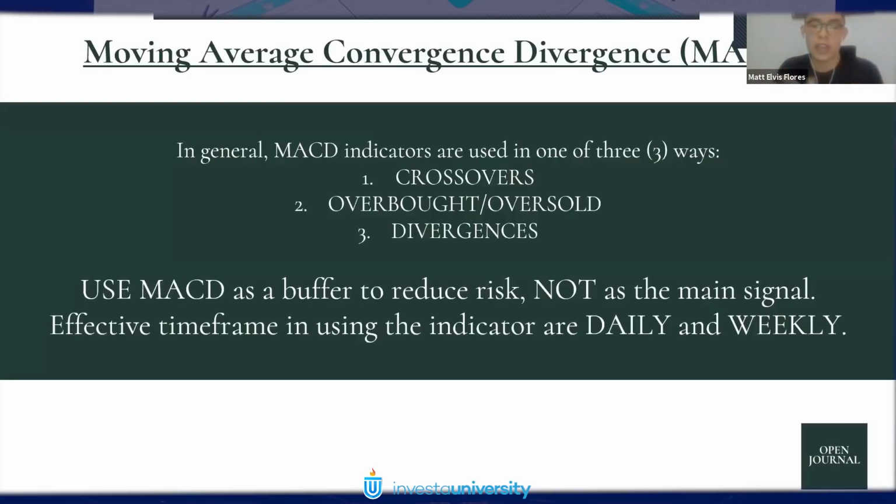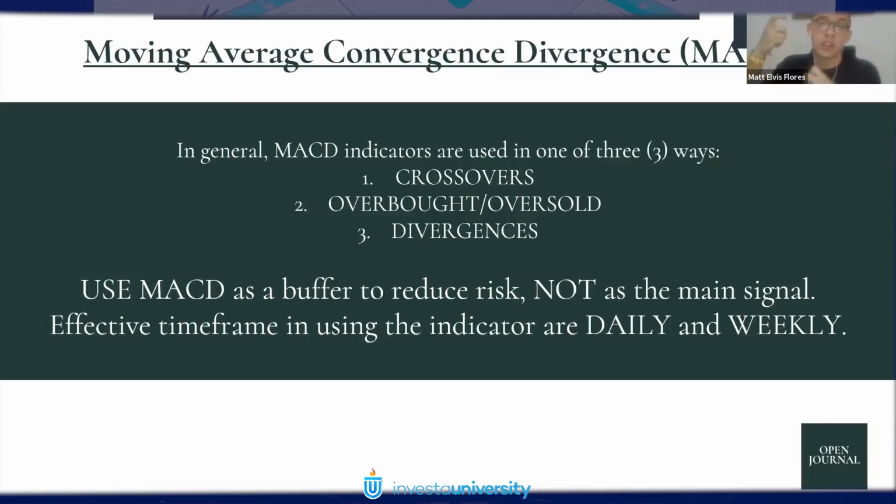Ano po yung ibig kong sabihin? For example, once nag-crossover na yung MACD line mo versus the signal line, meron ka na kagad conviction na, to the moon na to, meaning aakyat na to. However, there is still a possibility na mag-sideways pa siya.